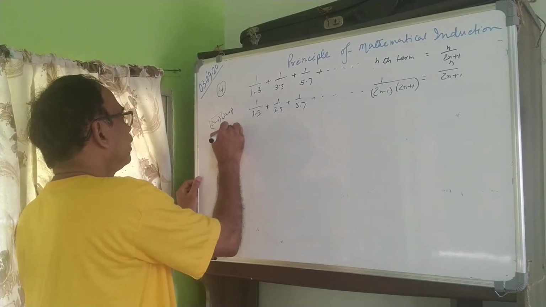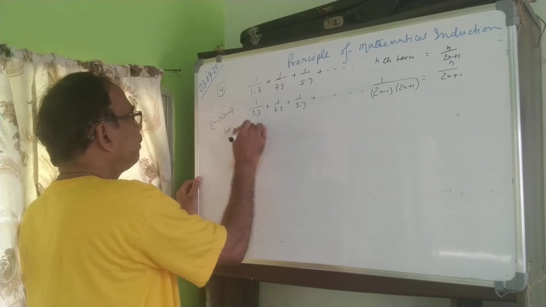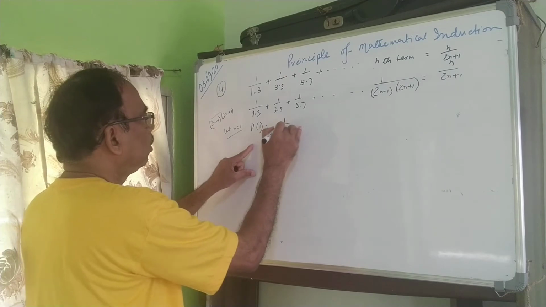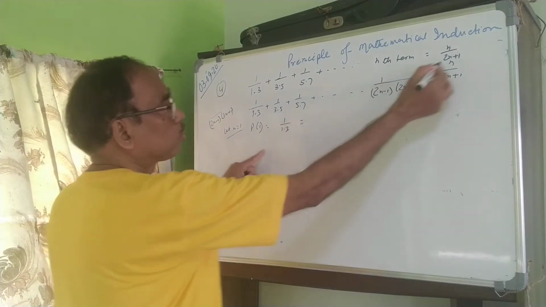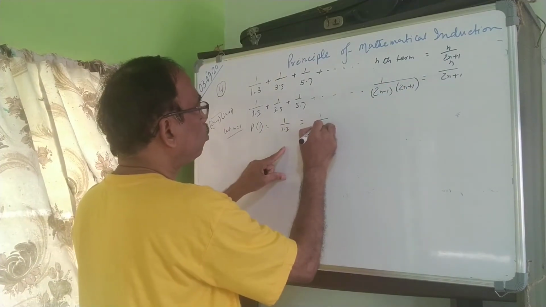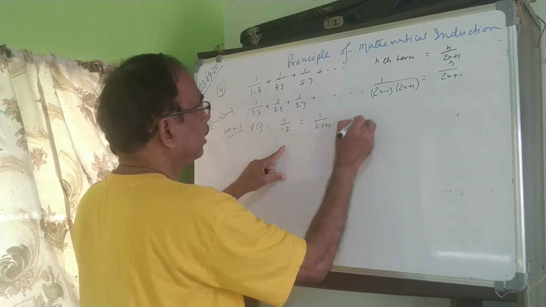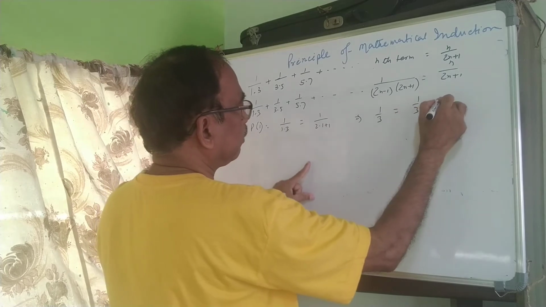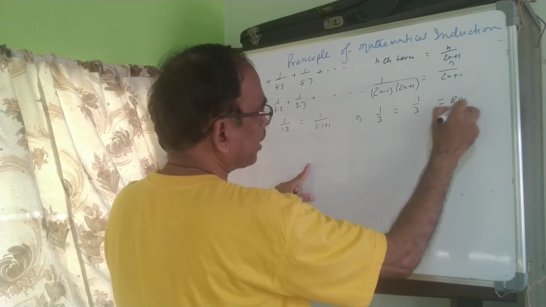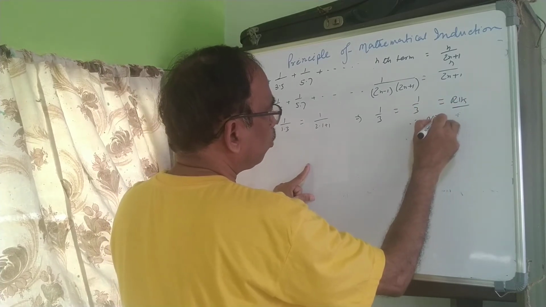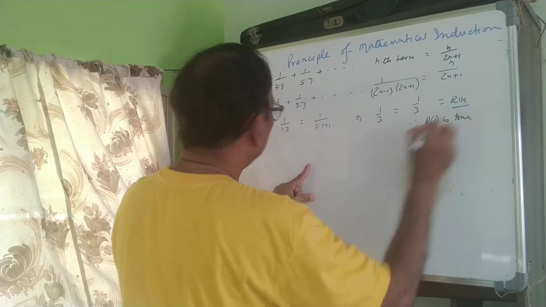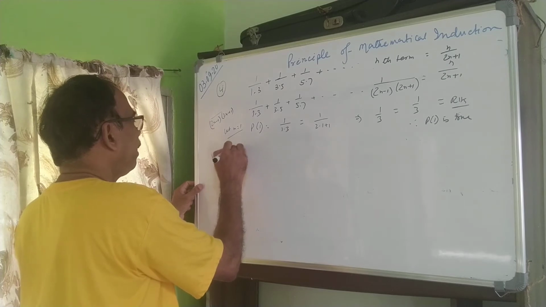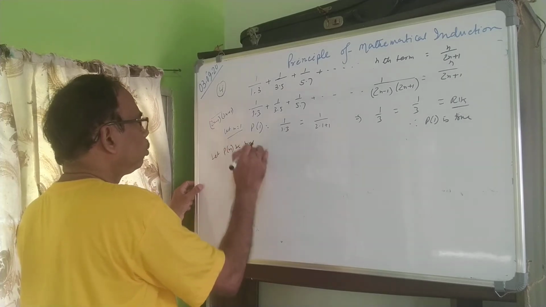Now let us put n equals 1, then P1. P1 is the first term, that is 1 into 3, equals, putting 1 into 1 by (2 into 1 plus 1), implies 1 by 3 equals 1 by 3 equals the right hand side. Therefore, P1 is true. Let Pm be true.